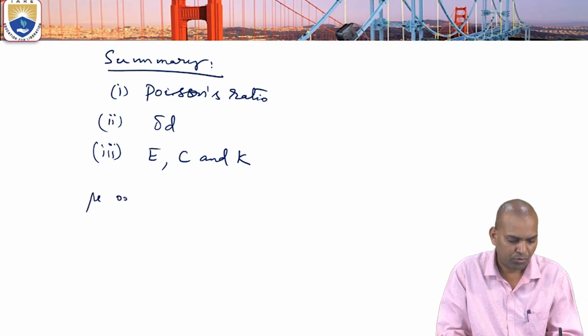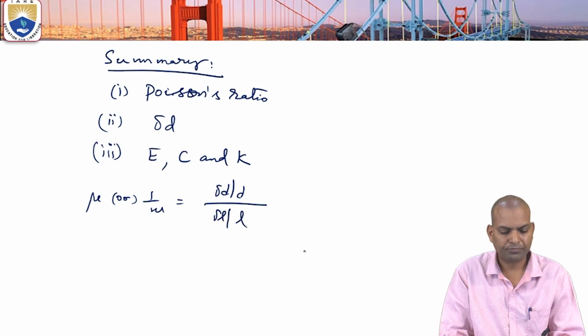Poisson's ratio, mu or 1 by m, equal to lateral strain by linear strain.